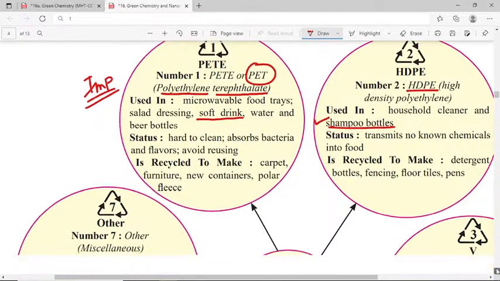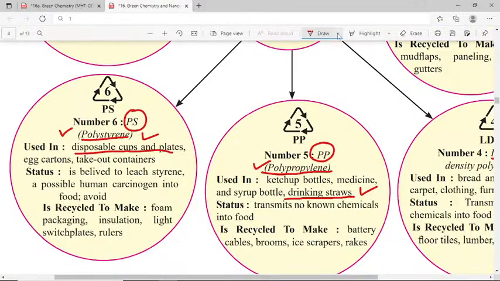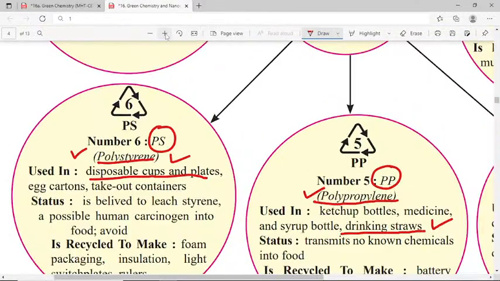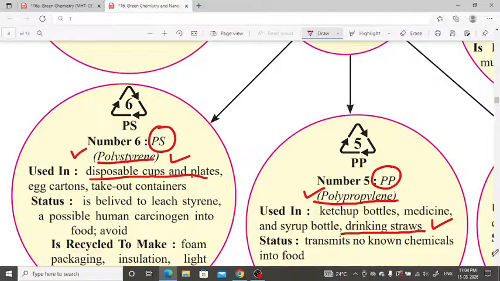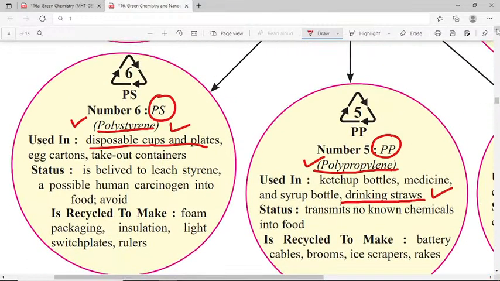So I am talking about polystyrene, written here as polystyrene. It is believed to leach styrene, a possible human carcinogen, into the food. So it should be avoided.